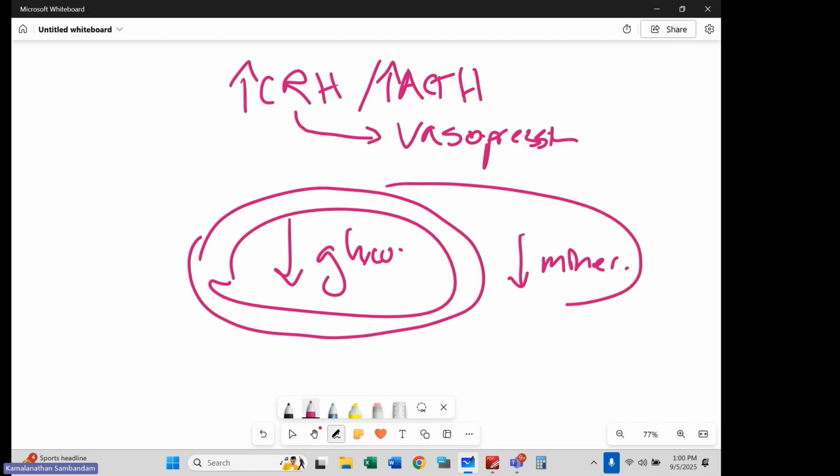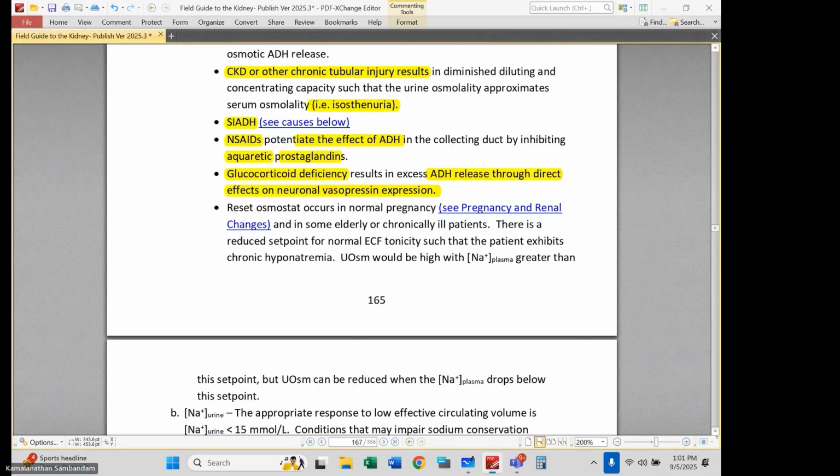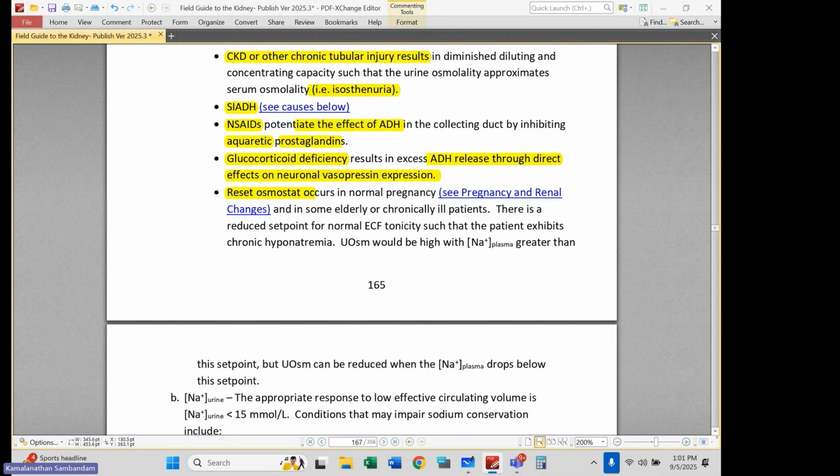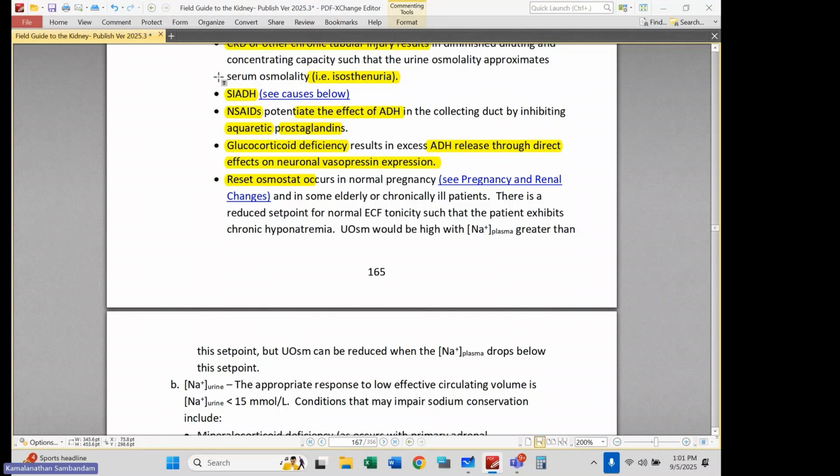Primary adrenal insufficiency with both glucocorticoid and mineralocorticoid deficiency can cause vasopressin release through this mechanism, as well as low ECV, right? Salt wasting, low ECV would also stimulate vasopressin. Okay? All right. Reset osmostat, you might say, is a form of SIADH.